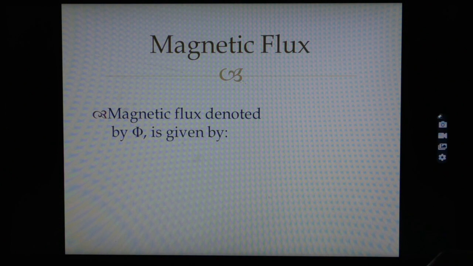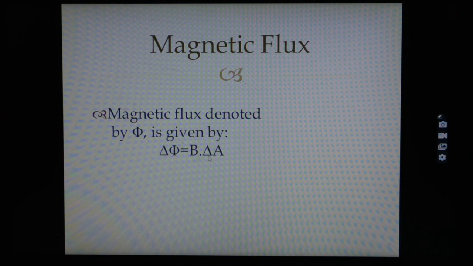Abbreviation: magnetic flux is denoted by the symbol phi, and it is given as delta phi is equal to B dot delta A. It means magnetic flux is an example of a scalar product, because delta phi is a scalar quantity which comes when we take the dot product of two vector quantities, that is magnetic induction, which is a vector quantity, and the vector area, delta A, because delta A is the vector which is always perpendicular to the surface.